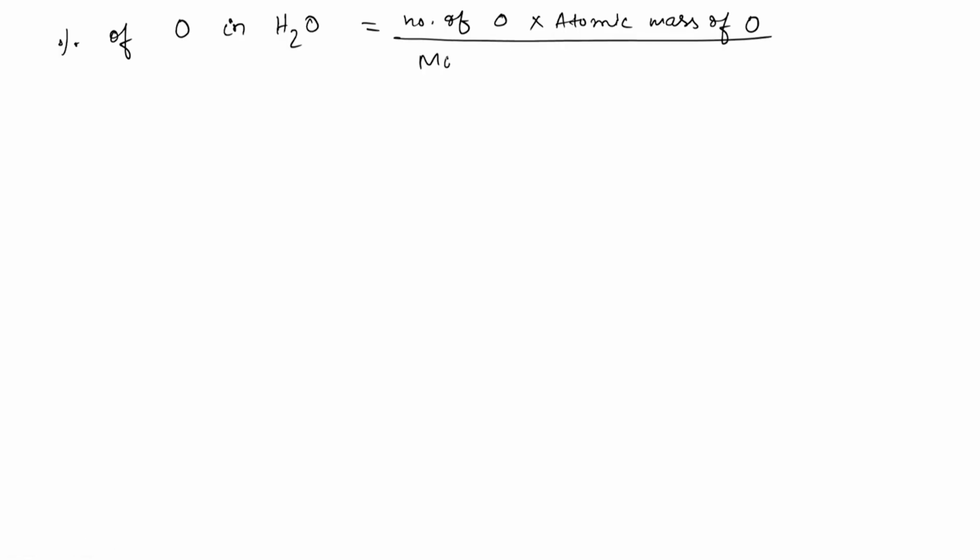This was the percentage of hydrogen. Now, percentage of oxygen in water will be equal to, again, the number of oxygen into the atomic mass of oxygen divided by the molecular mass of water into 100.